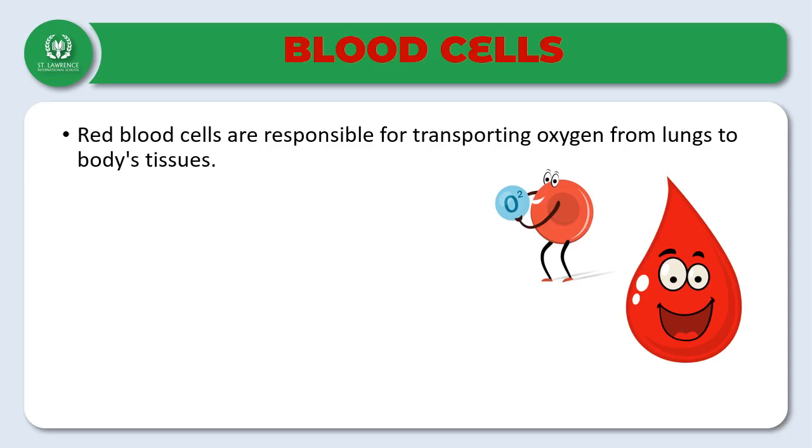So from here, these red blood cells carry this oxygen, and it will transport to all other body cells. Okay? And when the body cells in return give back the carbon dioxide which is expelled out, they bring it back. Now these are called red blood cells because they have a pigment called hemoglobin present in them, which is responsible in giving the cells red color.